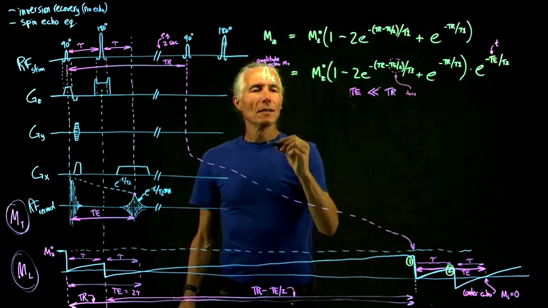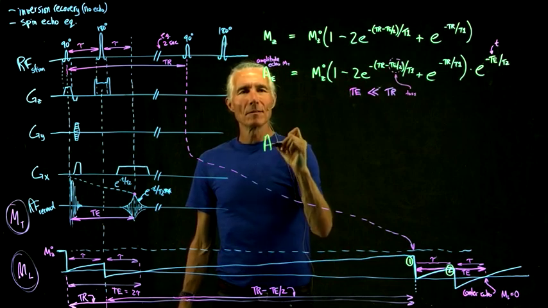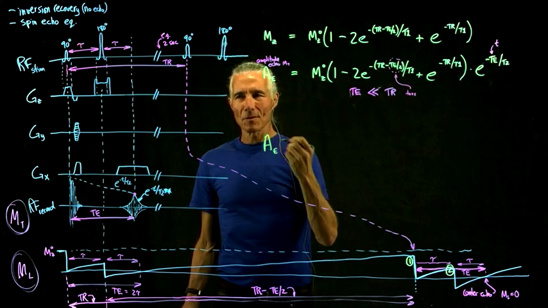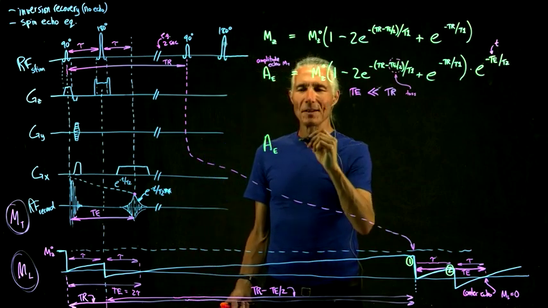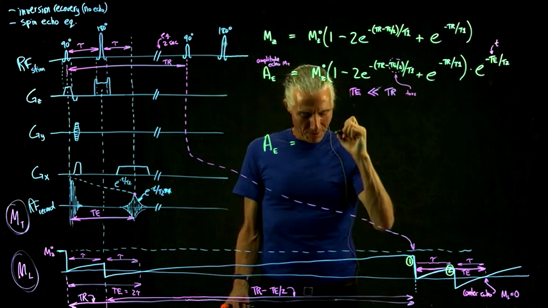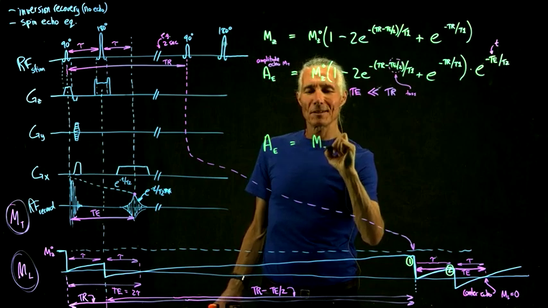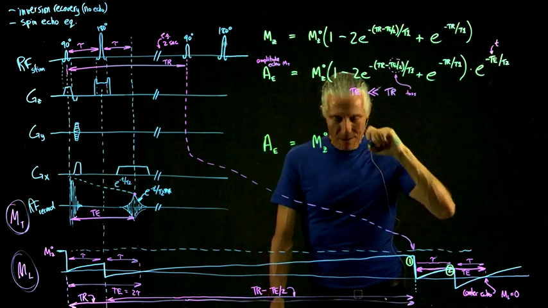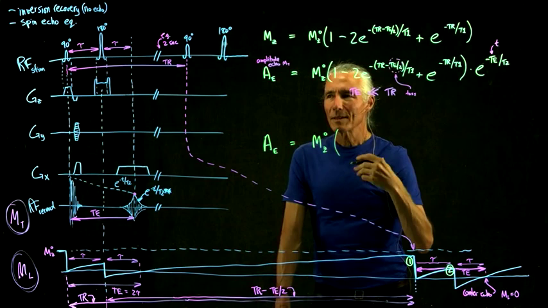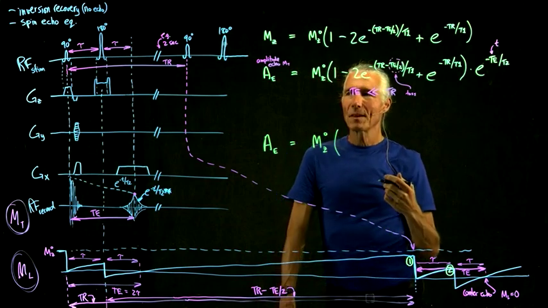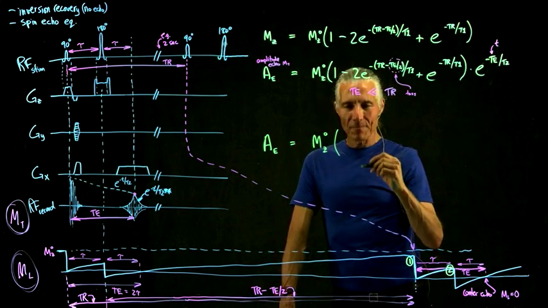And so here's the only equation that you should really try to remember or see how it actually works, which is the equation for what the contrast is going to be in a spin echo scan.